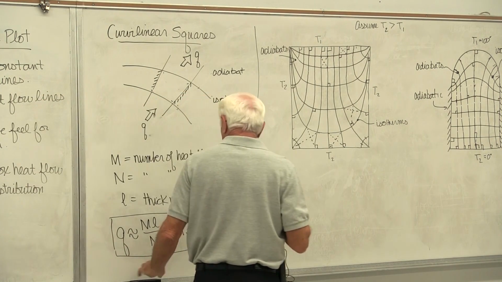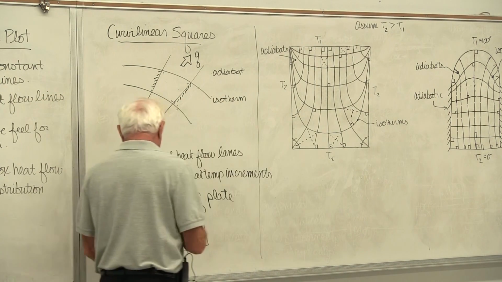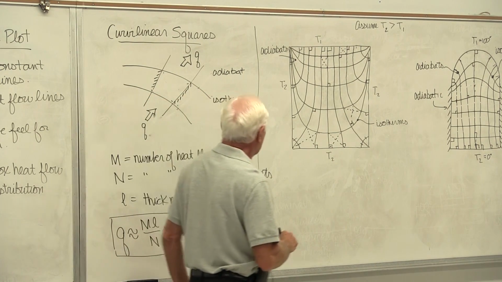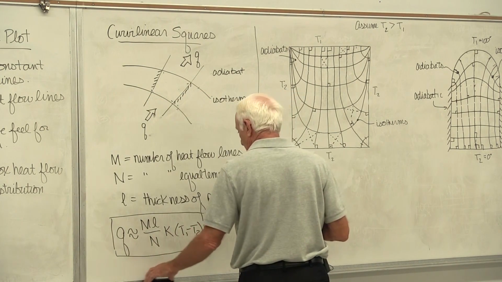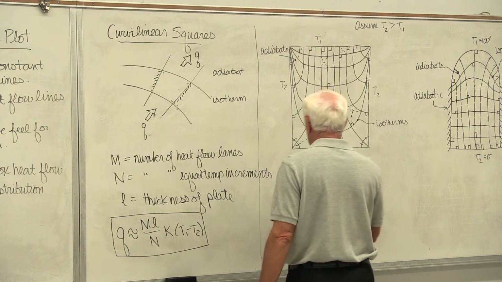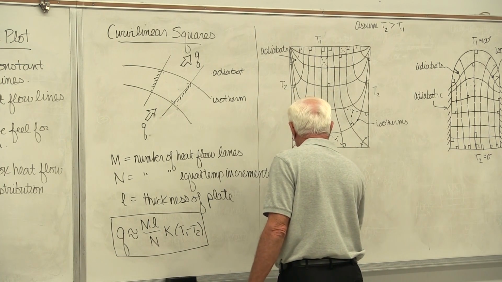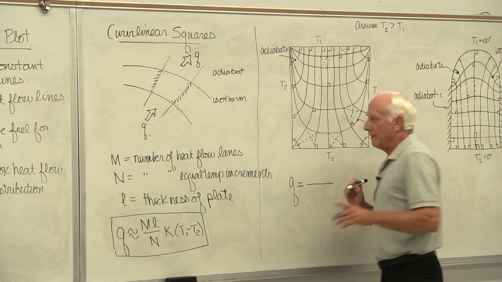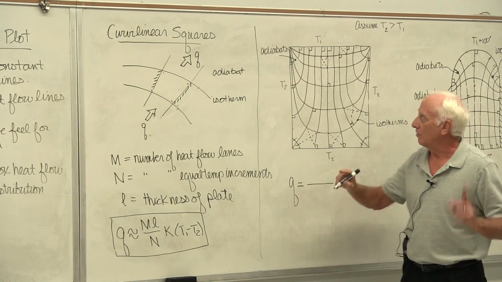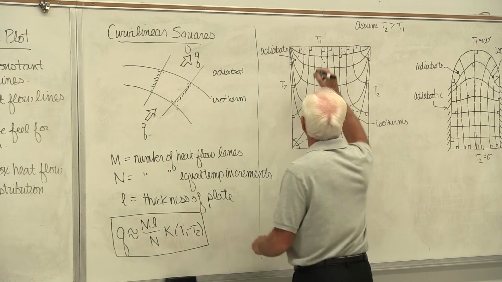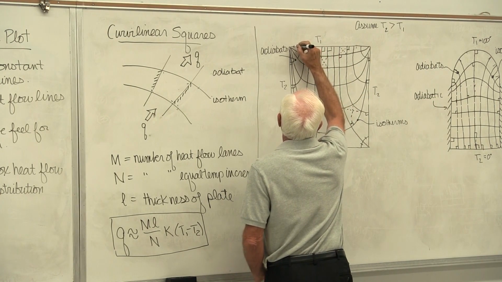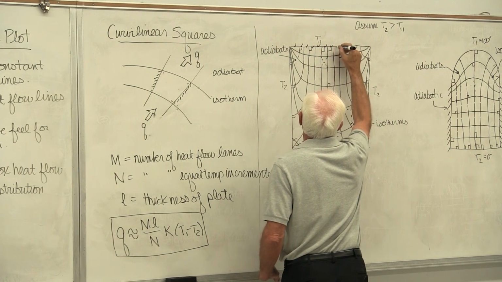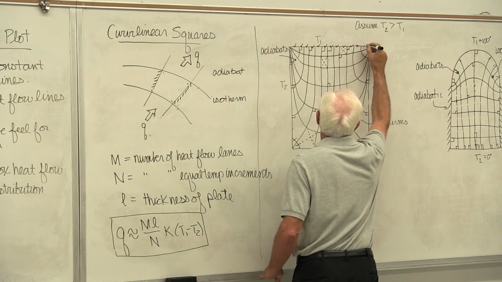Okay, so now I've got L defined, K is the thermal conductivity of the plate, and so on. So let me take this one here. Okay, M, the number of heat flow lanes. Let's count them. 1, 2, 3, 4, 5, 6, 7, 8, 9, 10, 11, 12.